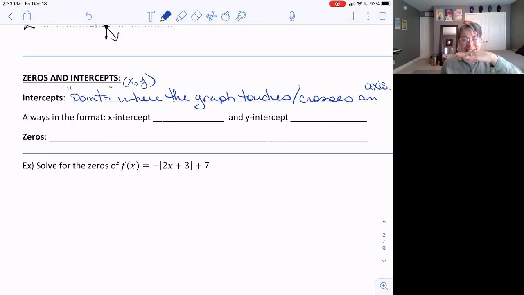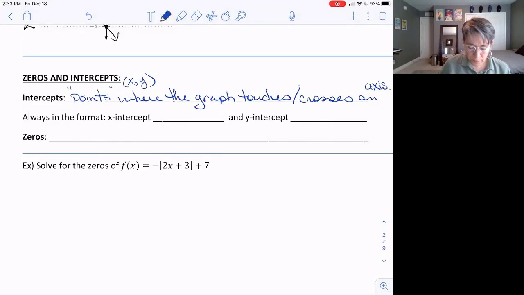So if we think about the x-axis, in order for a graph to be on that x-axis, the y value has to be 0, right? Otherwise, if it's 1, it would go up. If it's -1, it would go down, and so forth.